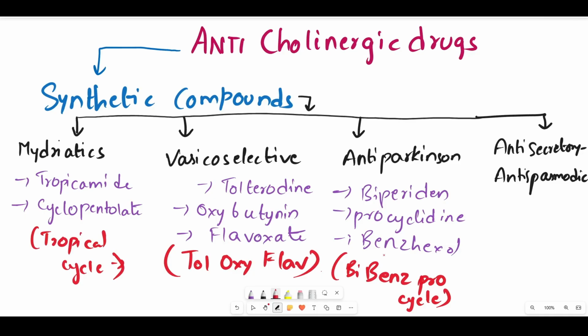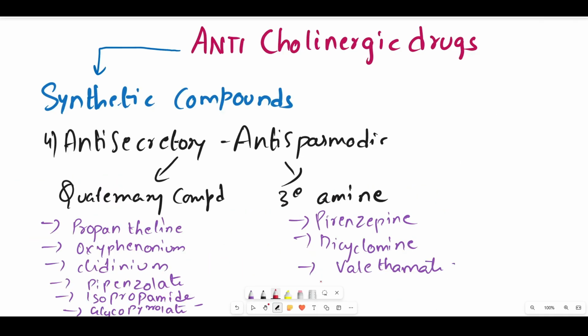This last class is called anti-secretory and antispasmodic. Now let's discuss that. So the fourth class in the synthetic compounds is anti-secretory and antispasmodic. These are further divided into quaternary compounds and tertiary amines.